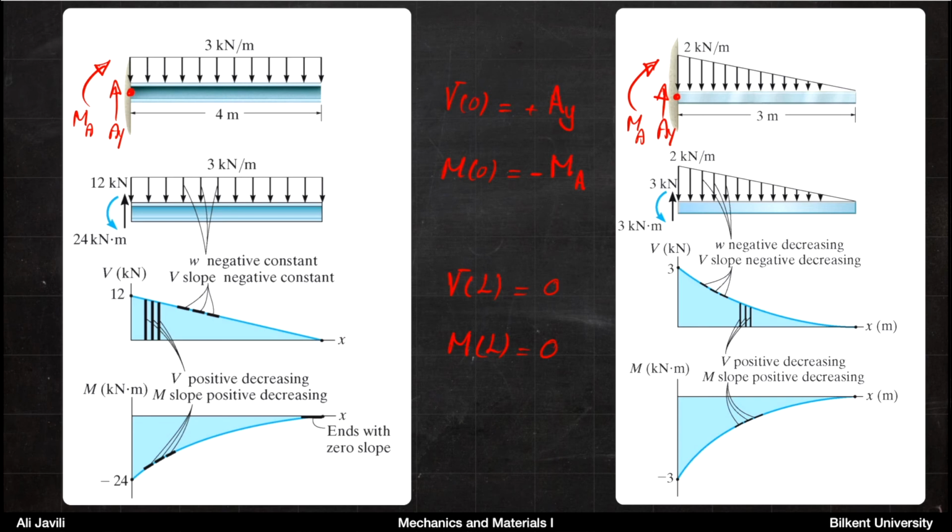So the area of the triangle is 1/2 of 2 times 3. So it's 3 basically, 3 kilonewton. That's the area of the triangle, telling you that you would need a force of 3 kilonewton upwards to have equilibrium.